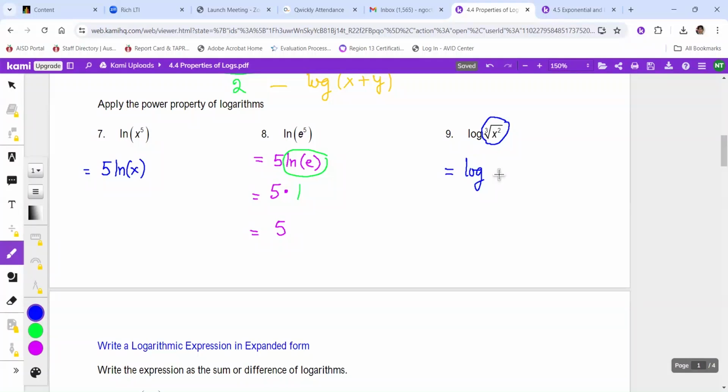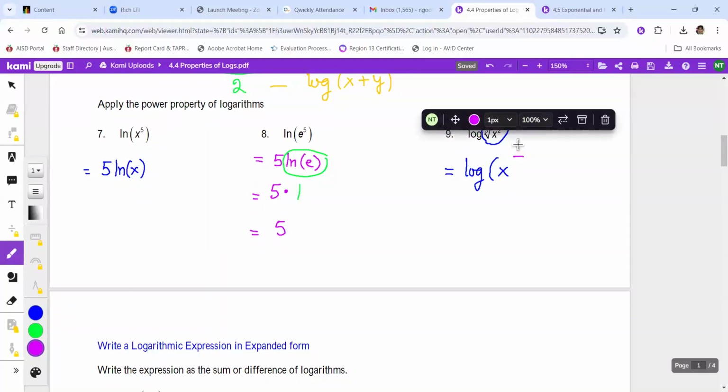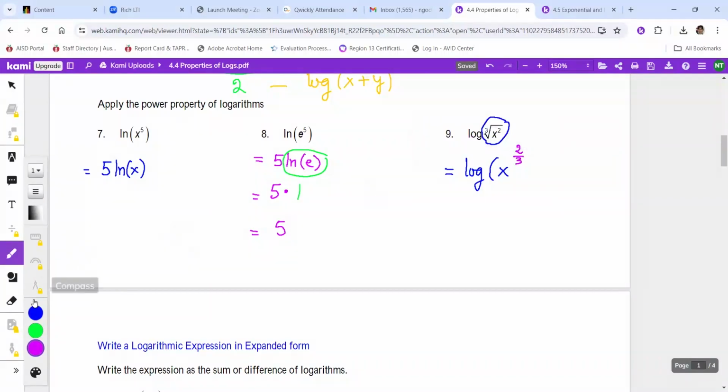The base is base 10, so we don't have to write the base. You just say log base 10 or just log. And then here, I'm going to write our fraction: x, the base, to the power of a fraction. And our fraction here is the numerator is the exponent inside, and the denominator is the index.